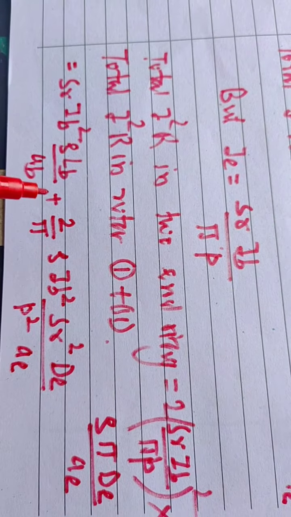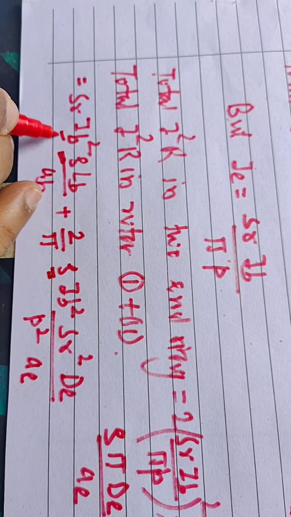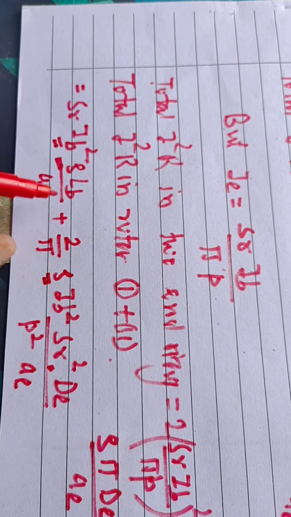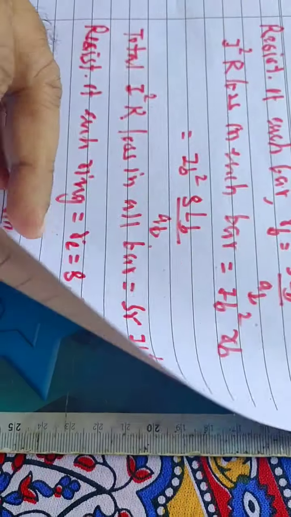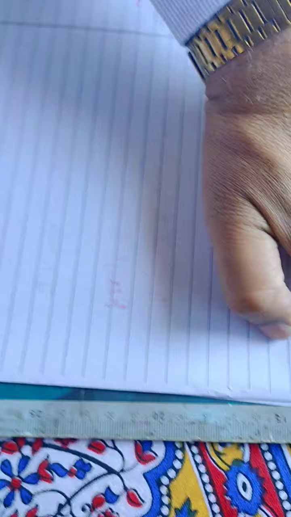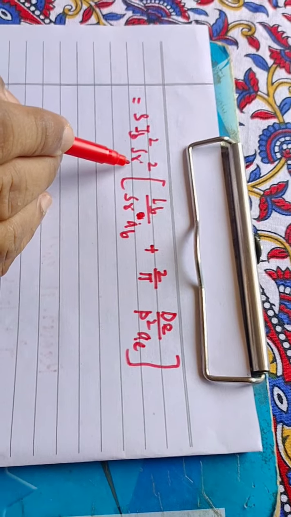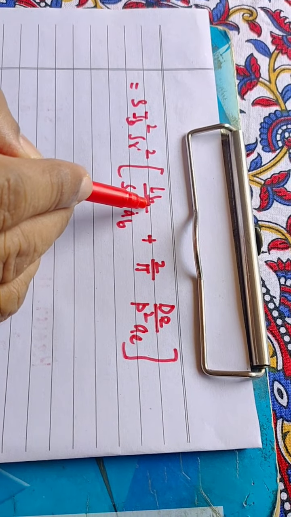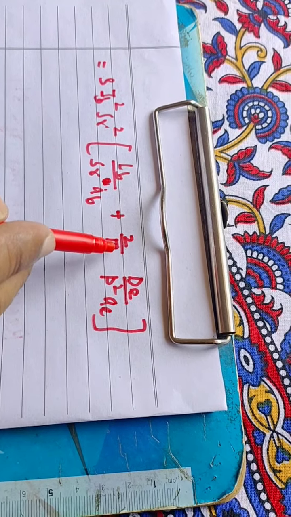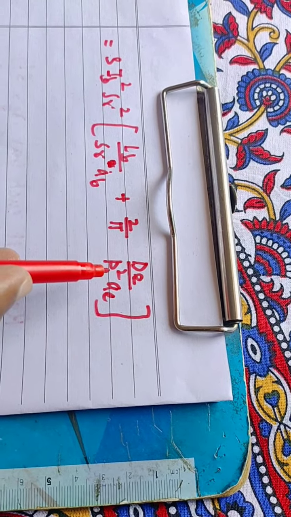Now from this, taking common rho IB square and SR square, we get in bracket LB upon SR into AB plus 2 upon pi dE upon P square into AE.